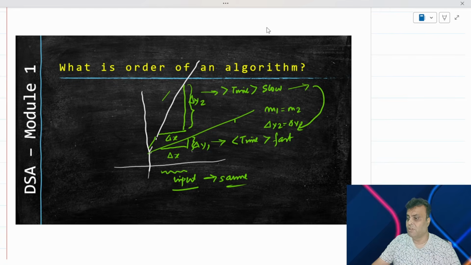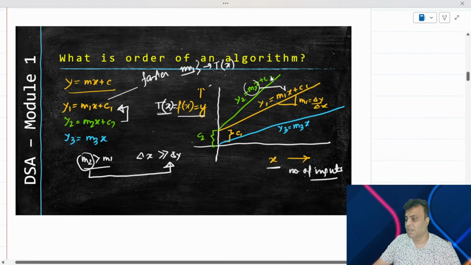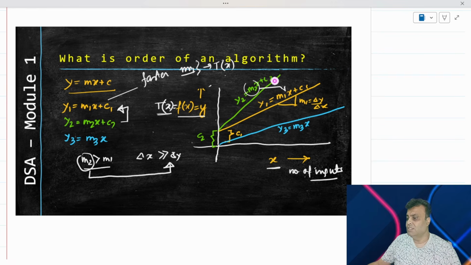So I'm trying to establish the fact that all these curves, if put on different machines, which are faster or slower, will always converge to one single equation that we can always bring into the situation. That one single equation is going to be represented as y equal to mx plus c.